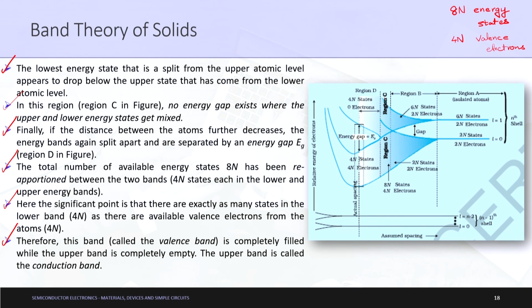If we decrease it further, there will be a joining in region C, as you can see, and if we decrease it much further, then there will be a gap again, as you can see in the figure. So, this is one energy band and this is another energy band. The lower one is called the valence band and the upper one is called the conduction band. Okay. Let us move on.